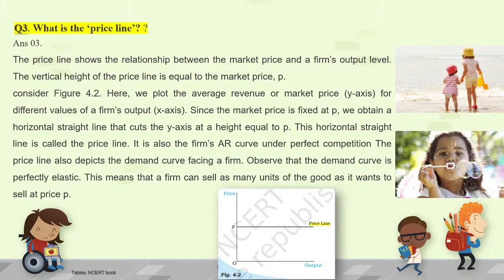There are so many buyers and sellers and homogeneous products. So under this situation, this is the perfectly elastic demand curve where the price is constant but the output is increasing. So this is the price line here.